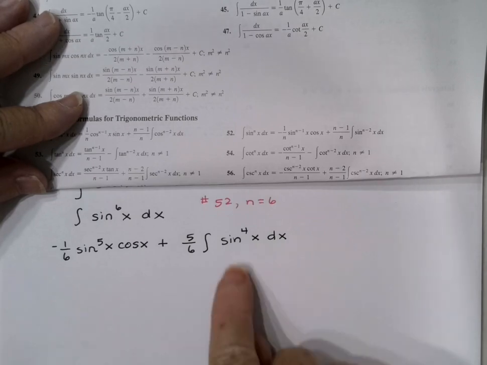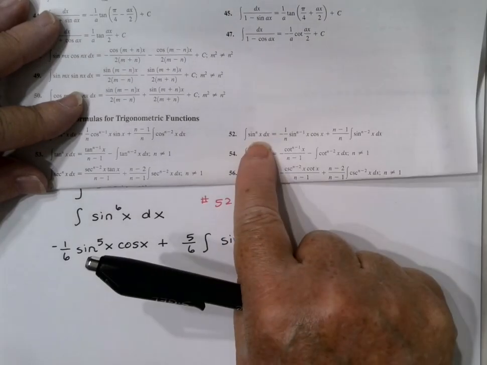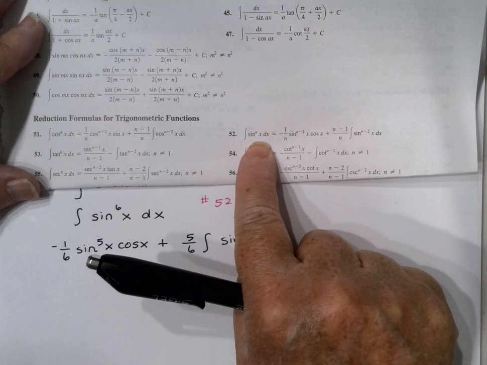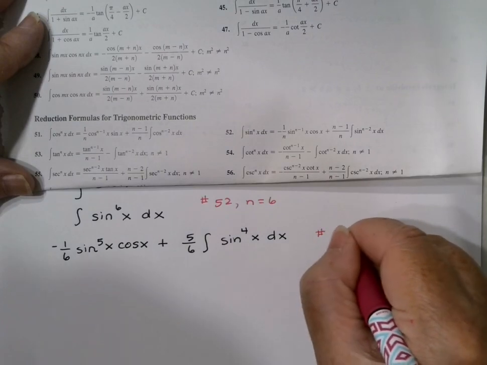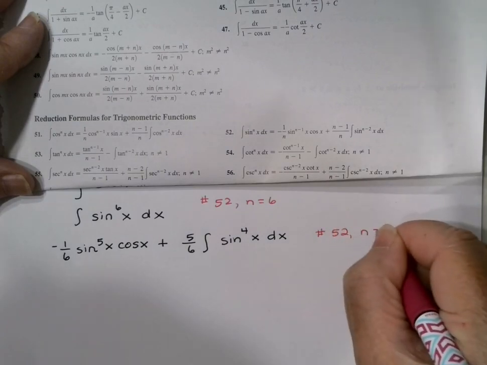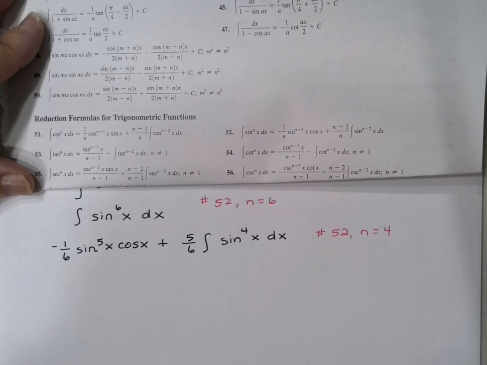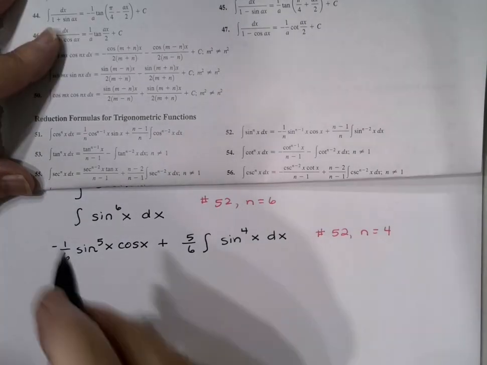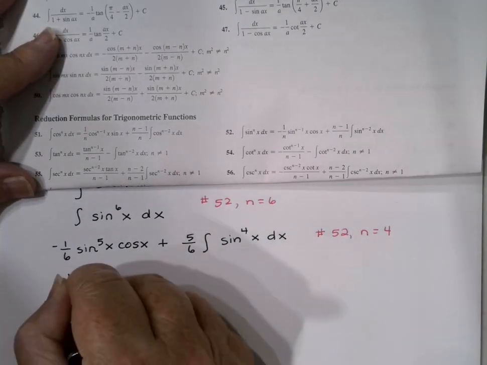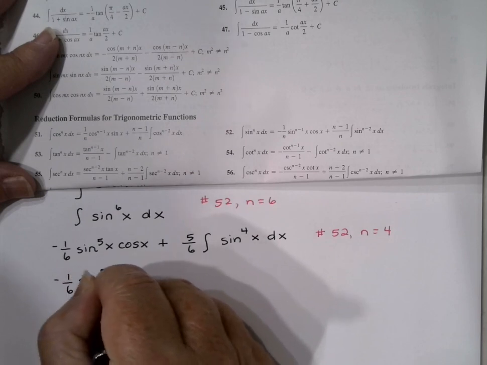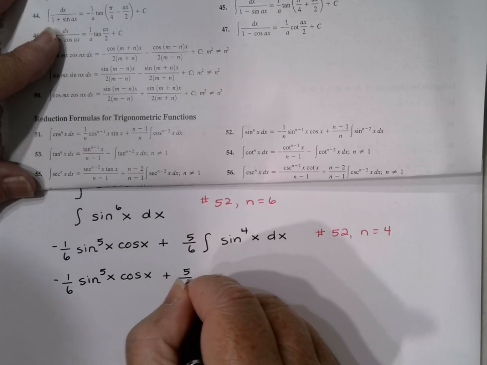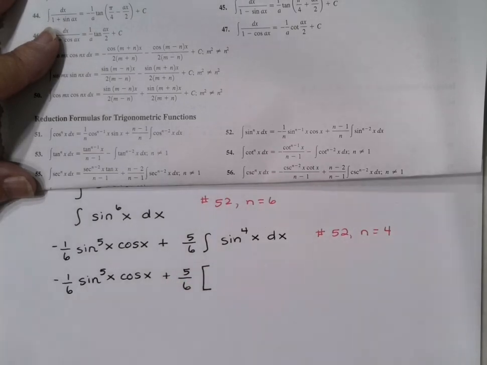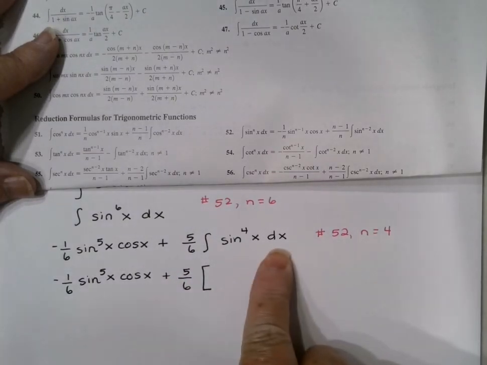Good start. Sine to the 4th is going to be that same formula again. With these reduction formulas, so often we have to use them more than once. So I'm going to do number 52 again, this time with an n of 4. All right, so 5/6 times the reduction formula here.